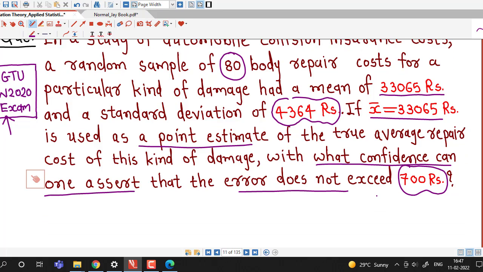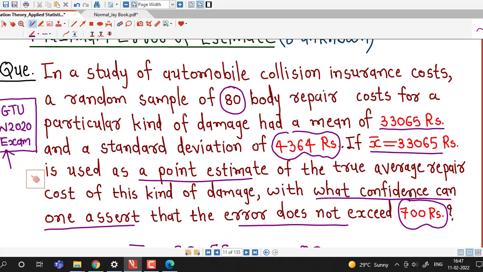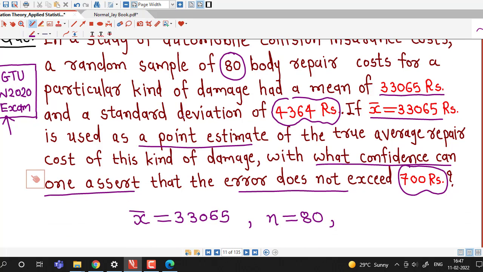So here we are given that mean of a random sample is x bar equal to 33065 rupees, and it is given that sample standard deviation is 4364 rupees.